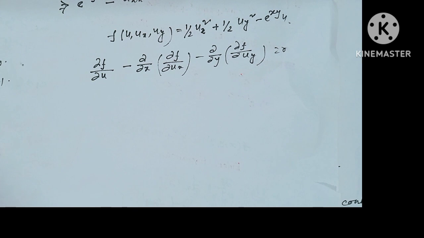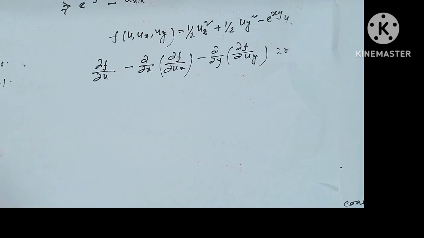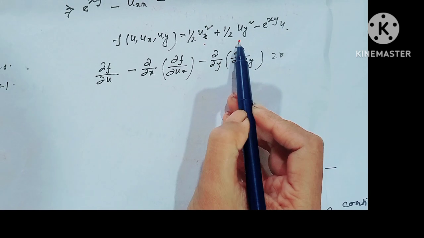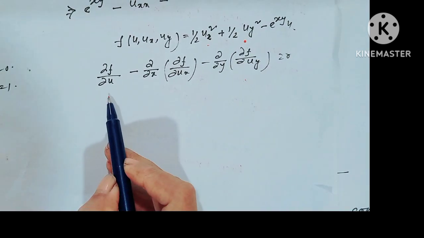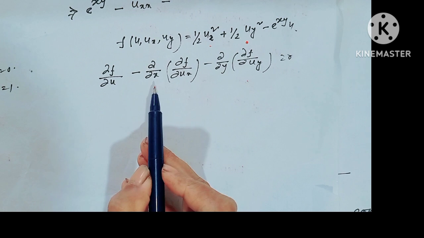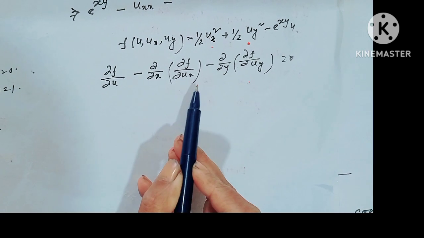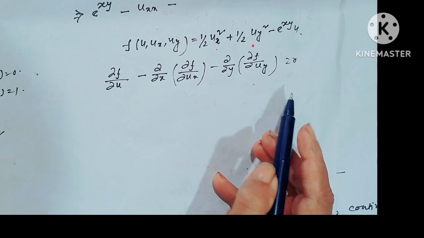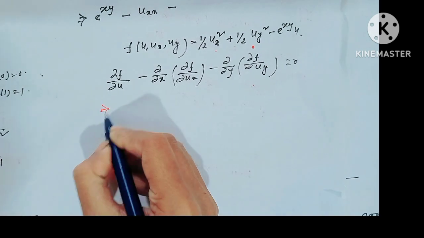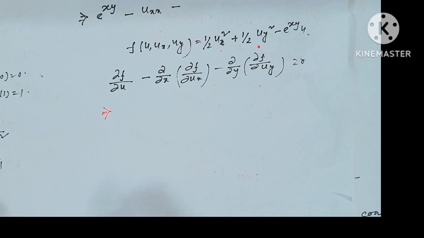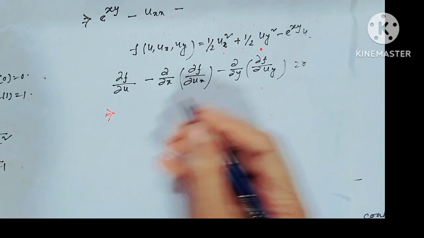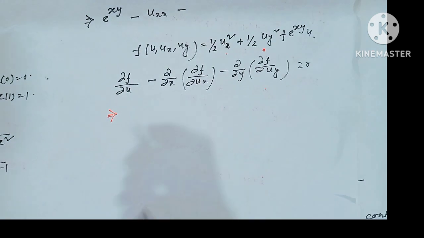Since the functional contains u_x and u_y, the Euler equation would be of this type: ∂f/∂u minus ∂/∂x of ∂f/∂u_x minus ∂/∂y of ∂f/∂u_y equal to 0. Sorry, here not minus, here plus.